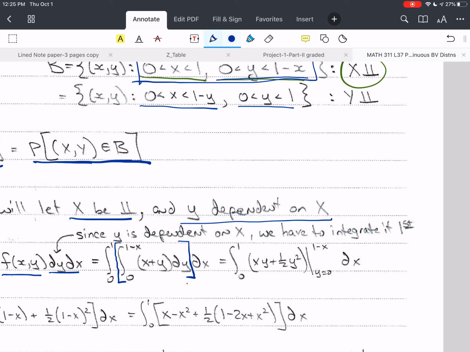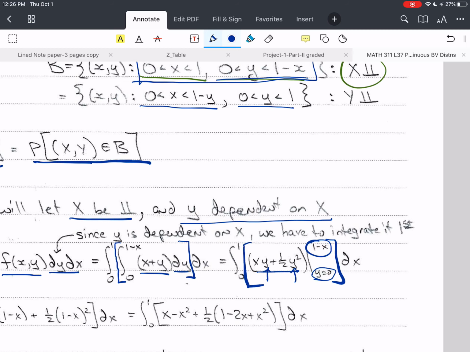All right, so if I integrate x plus y with respect to y, I get xy plus 1/2 y squared. And again, this is inside before I integrate with respect to x. So I have to plug in for 1 minus x and for 0. Notice that I wrote y equals 0, so I plug into the right variable. There's a y in both terms. If I plug in 0, both terms are 0, so I'm left with 1 minus x, plugging that in for y.